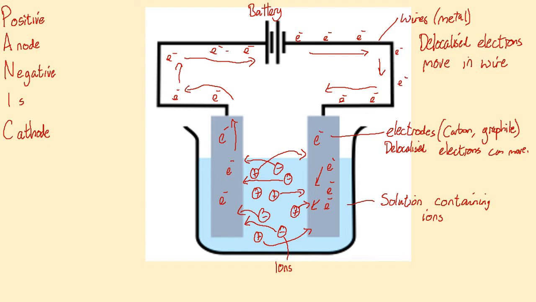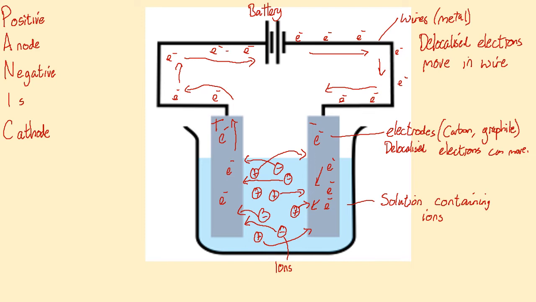So our positive electrode, which is the one here, will attract our negative ions, and our negative electrode will attract our positive ions. It gets a little bit difficult here because our positive electrode, our anode, will attract our anions. Our negative cathode will attract our cations. We need to make sure we remember which way round that is.